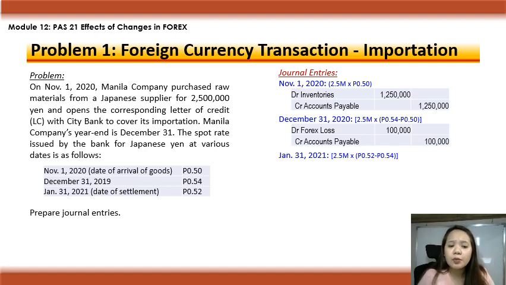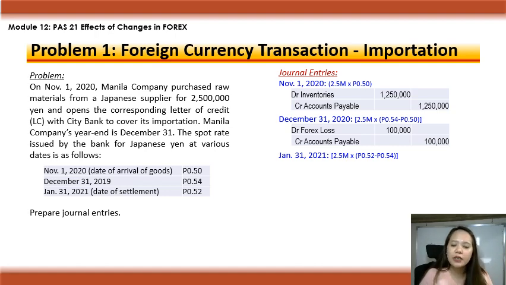Okay, so yung accounts payable, i-remeasure mo siya. Anong mangyayari? From dati 0.50 yung translation mo, magiging 0.54. So meron kang increase in payable kasi from 0.50, magiging 0.54 yung babayaran mo.